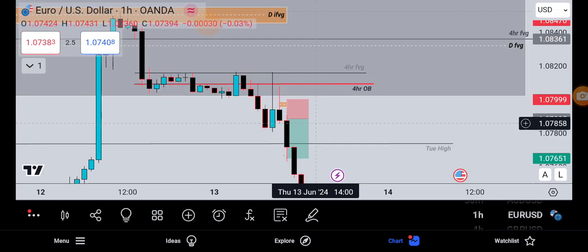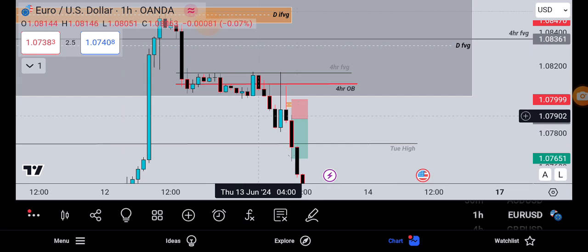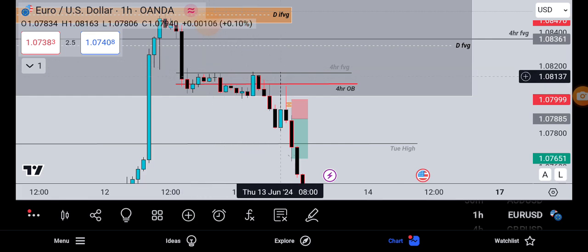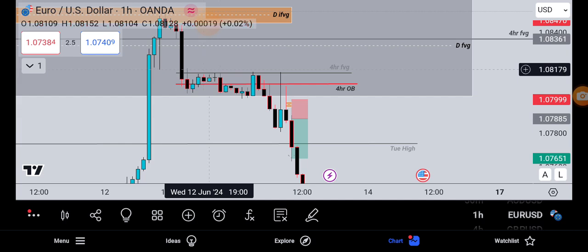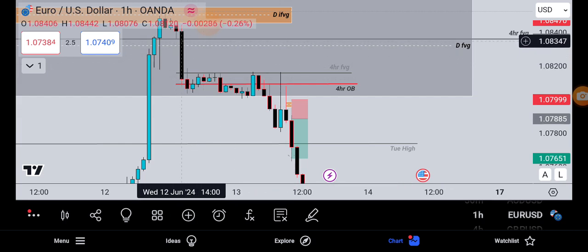So what happened during the PPI? This is the situation that we had before the New York session. We had a little bit of consolidation, but I was watching these highs. If we drop to the 15 minutes time frame, you will see we have these relative equal highs as well as this 1-hour fair value gap.